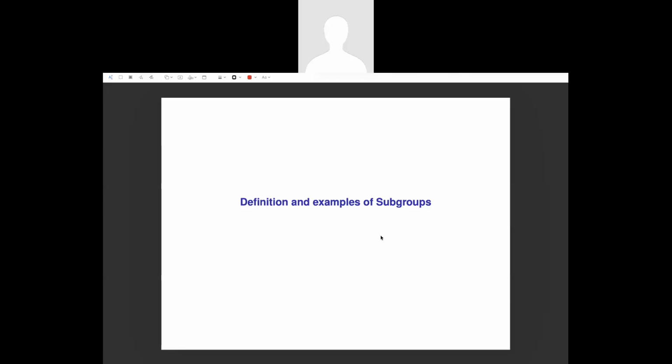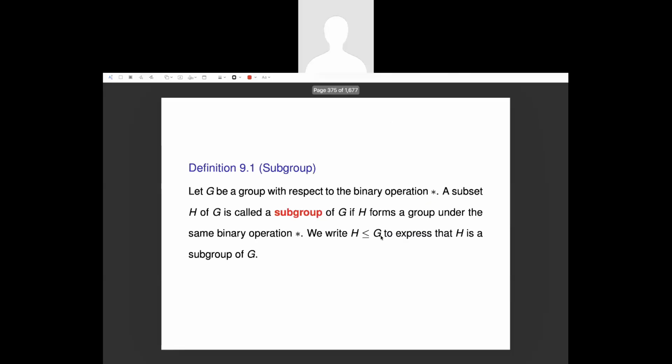Subgroup means: let G be a group with respect to the binary operation star.